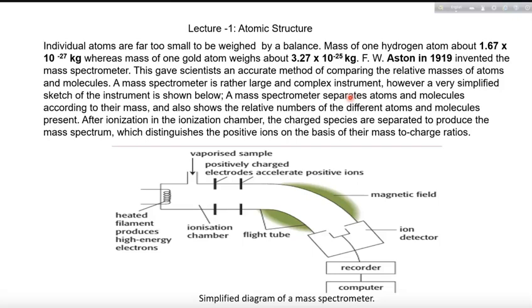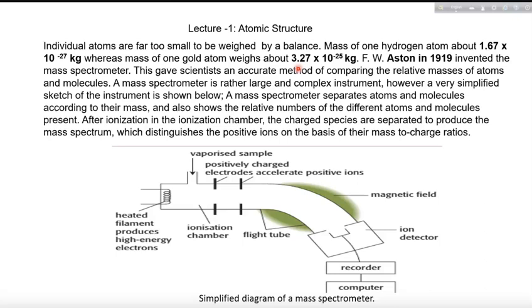The mass of the hydrogen atom here is 1.67 × 10^-27 kg, whereas the mass of one atom of gold is about 3.27 × 10^-25 kg. You see, even very small atoms or very heavy atoms, we cannot weigh by a balance.